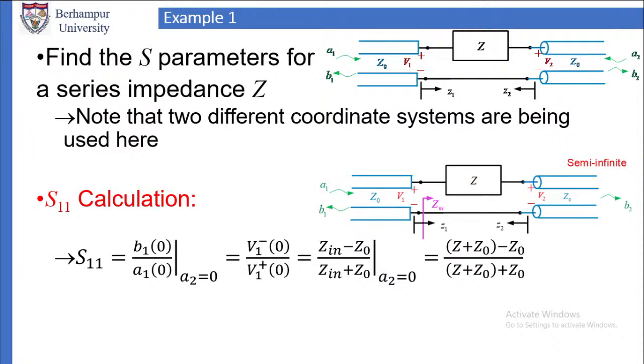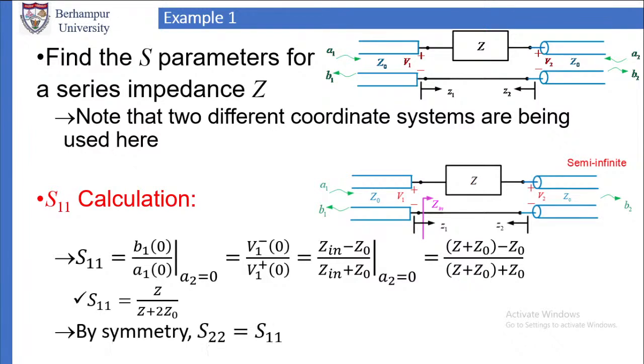In the denominator you will get Z plus Z0 plus Z0. So in the numerator Z0 will cancel out, leaving Z. In the denominator Z0 will be added up, leaving Z plus 2Z0. So S11 is equal to Z by Z plus 2Z0, where Z is the impedance, Z0 is the characteristic impedance of the connecting transmission line.